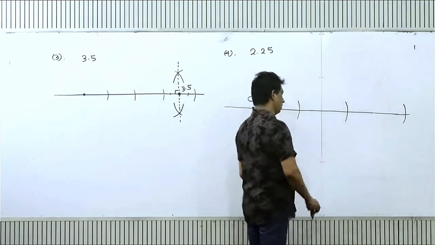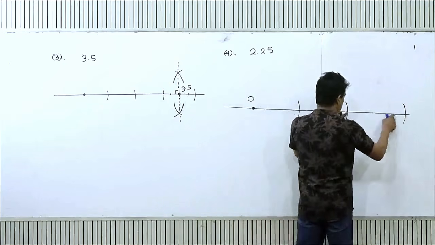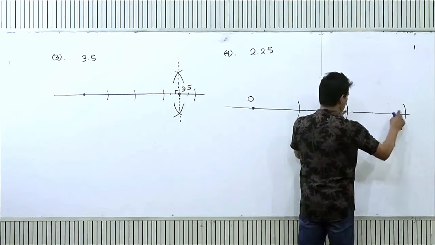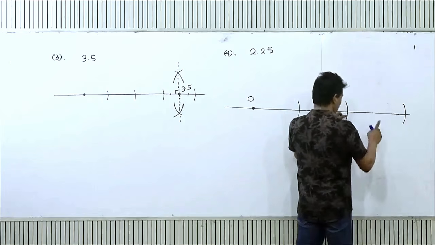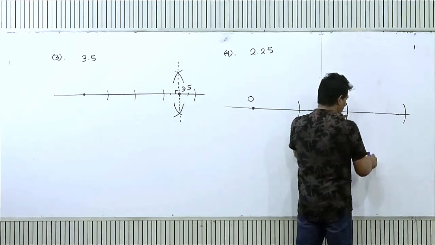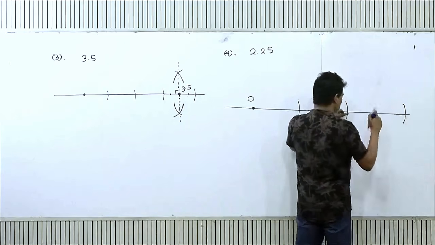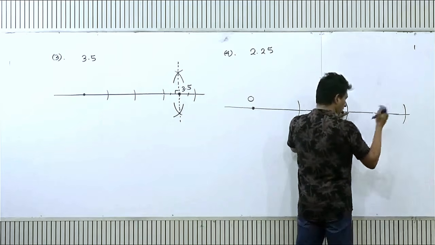Now you have to mark the midpoint of this straight line segment. To do this, you have to make a perpendicular bisector to this straight line. We discussed earlier how we can do it.